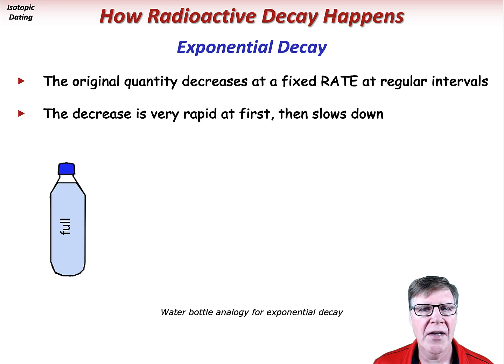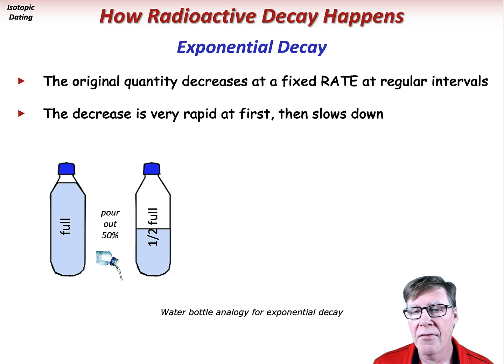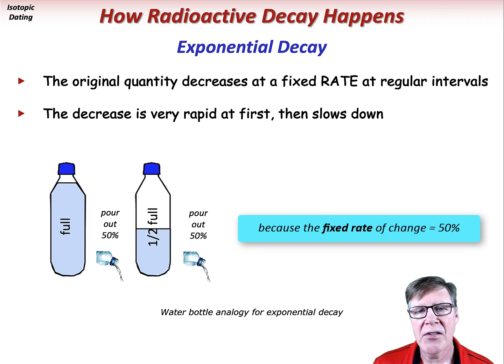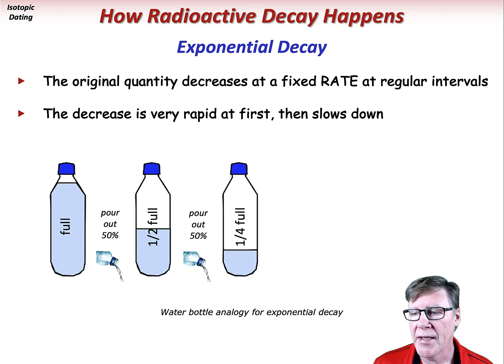So after the first 5 seconds, we pour out half of the full water bottle, leaving us with a half-full water bottle. During the next 5-second interval, we will pour out half of the half-full water bottle because the fixed rate of change is 50%, leaving us with a quarter-full water bottle.